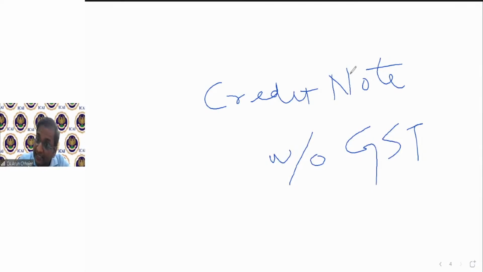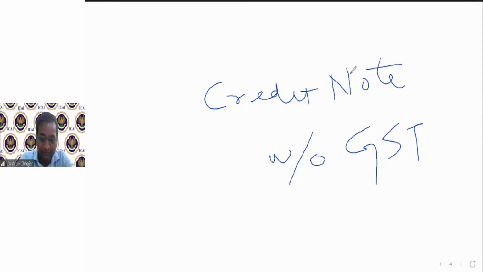For such a credit note, the financial or commercial credit note, ITC is not required to be reversed by the recipient. Why? If the supplier issues a GST credit note, then he will reduce his output tax liability. Because he is issuing a financial credit note or commercial credit note without GST, B is not required to reduce the input tax credit.